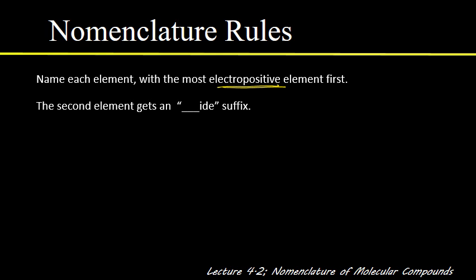All right. Then the first element is just named as the element itself. You just use the element name. For the second element, we're going to change the ending and add an IDE suffix.